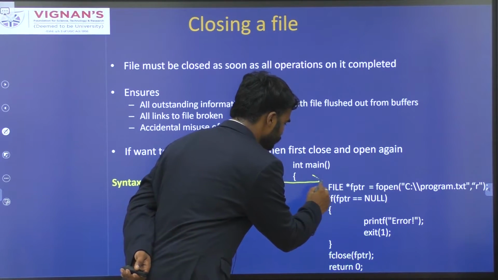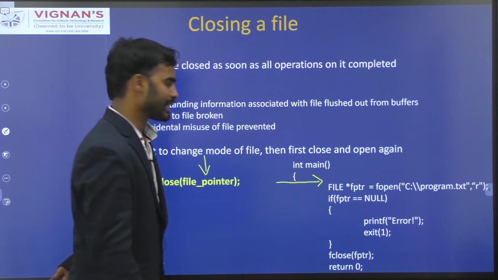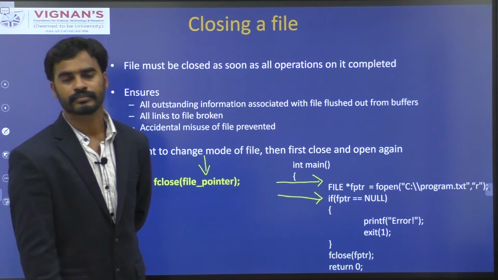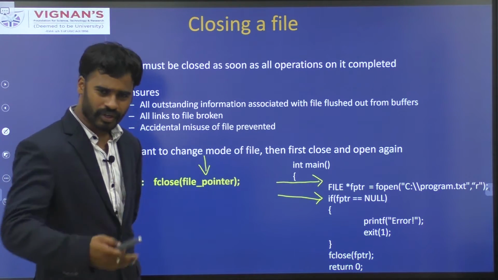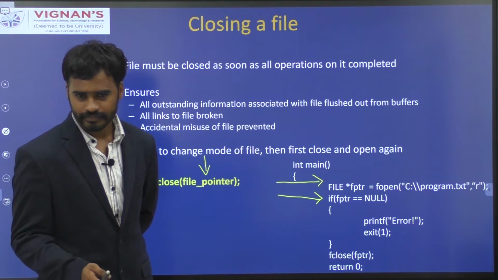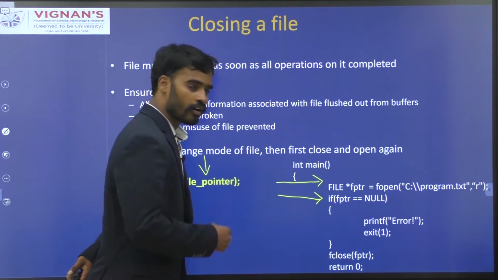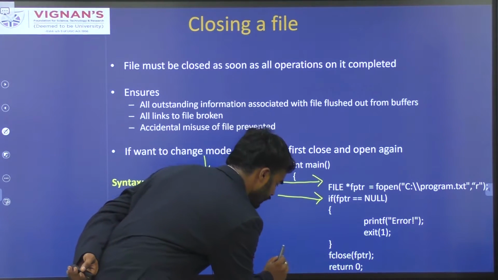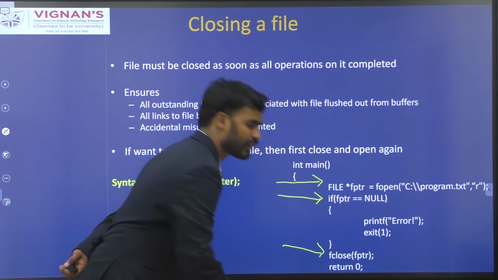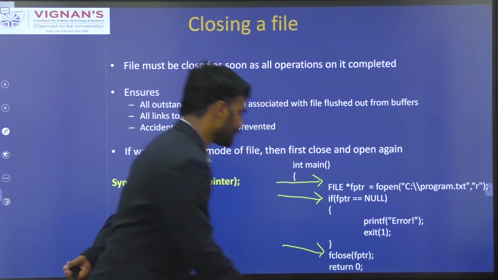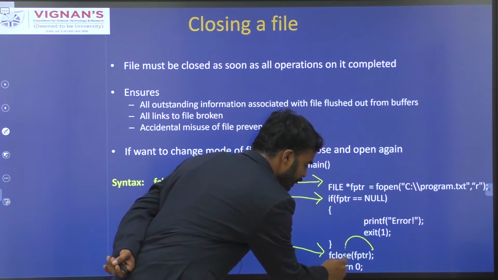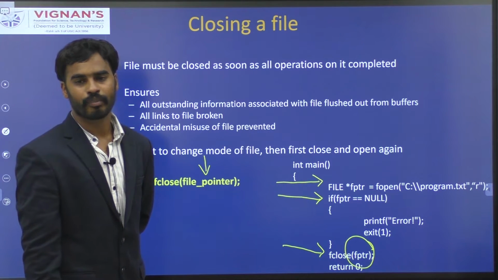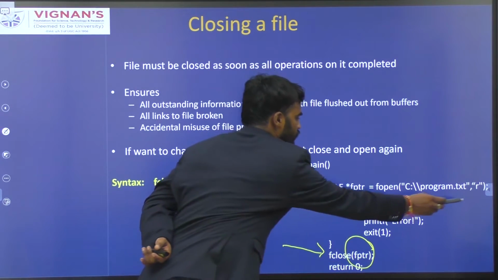First, open a file. Check whether the file is opened or not, and do some operations on the file. And finally, if you don't need the file anymore, just close the file by calling the fclose function and pass a file pointer that points to the file which you would like to close.